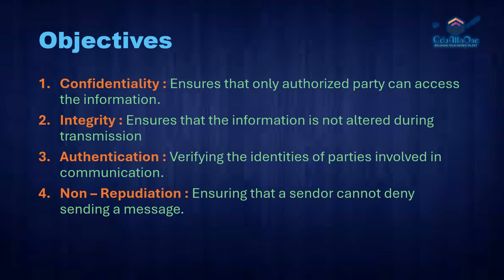He is pretending to be user A, and he is requesting some information from B. So it ensures that for whatever message is sent by user A to B, user A cannot deny that it was sent by him. This is known as non-repudiation.